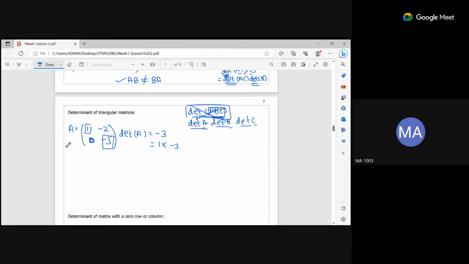Let's look at another example. Let's say B is minus 3, 5, and 1. Now what is the determinant of B? Minus 15. Again, you note that it is nothing but minus 3 into 5. Now let us look at the 3 by 3 case. We have already seen one such example.